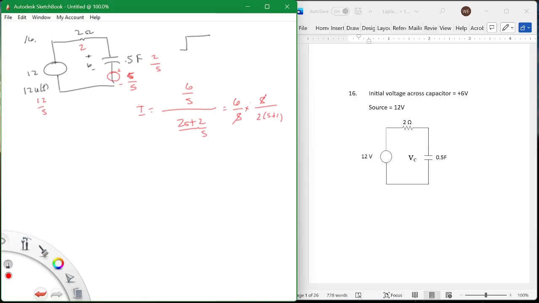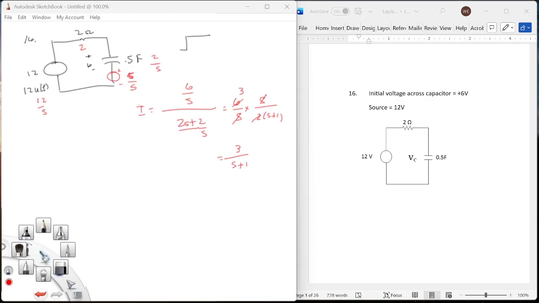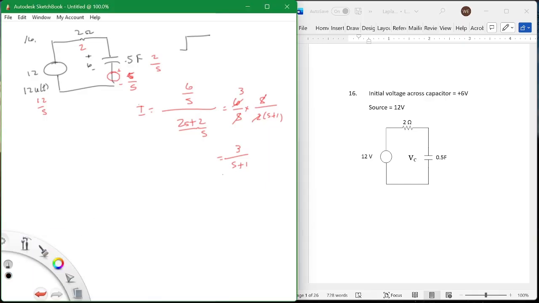So it's equal to 6 over 2 is 3 over s plus 1. And the answer in time domain is what? I of t is equal to 3e to the minus 1t. That's rule 2. Okay? That's an easy one, right? It's the current. Any questions about that?